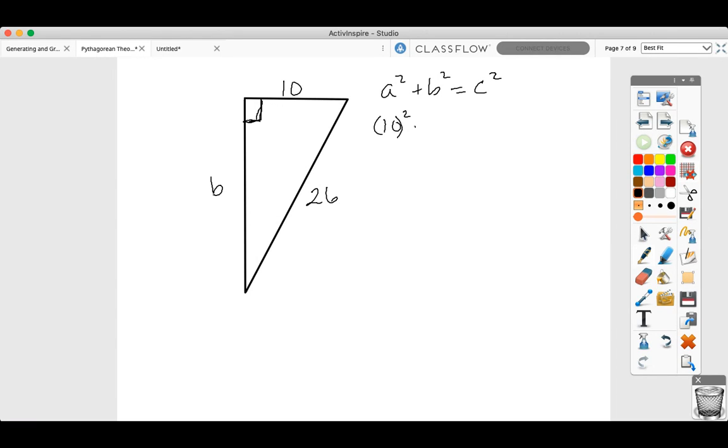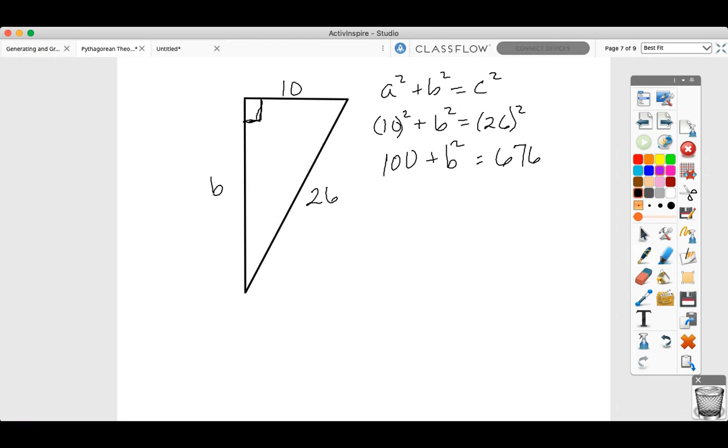Don't be afraid of the big numbers. Plus B squared equals 26 squared. Okay, so we know that 10 squared is 100. And so we just need to figure out what 26 squared is. So we know that this is 100 plus B squared equals, and this is going to be 676.